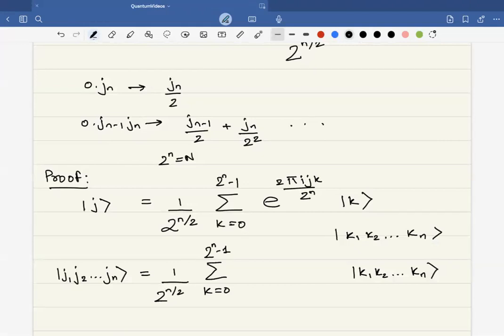And since I'm writing k1, k2, kn over here, instead of this summation, I can write a summation which runs over summation k1 going from 0 to 1, summation k2 going from 0 to 1, summation kn going from 0 to 1, right? This will take care of all the 2 to the power n combinations.